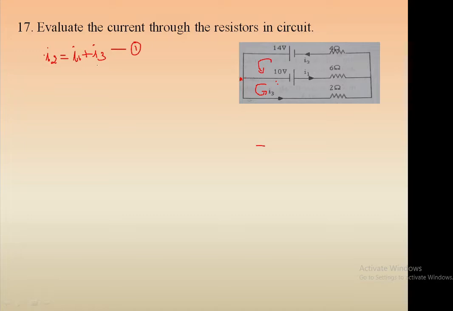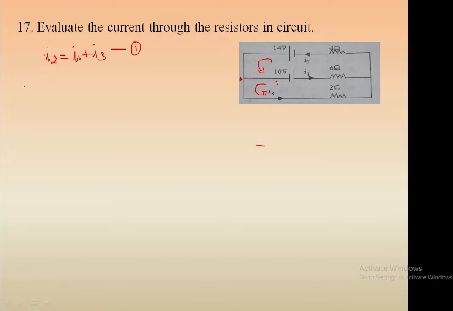Now we apply the loop rule in the upper loop. When we consider the upper loop, the product of current and resistance equals the total EMF. The anti-clockwise direction is taken as the positive direction.